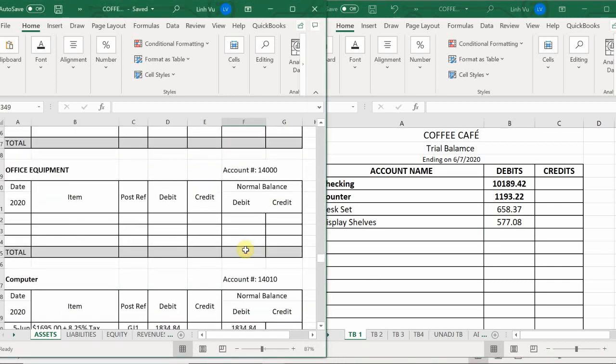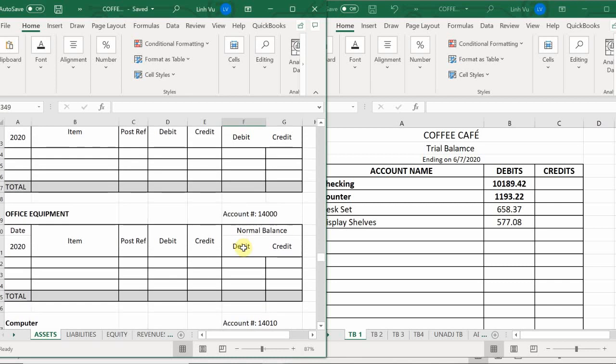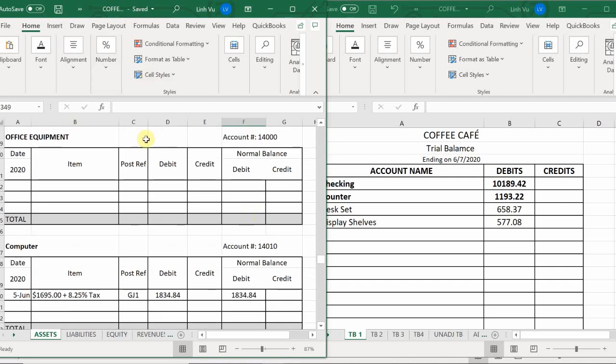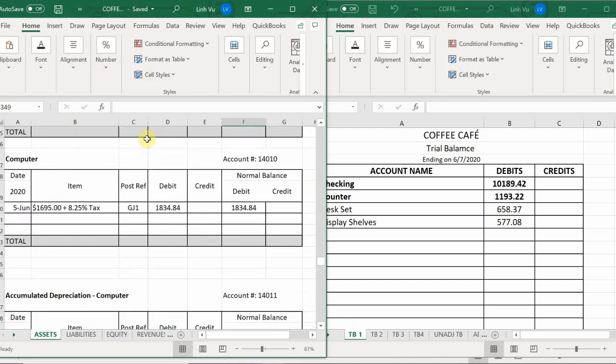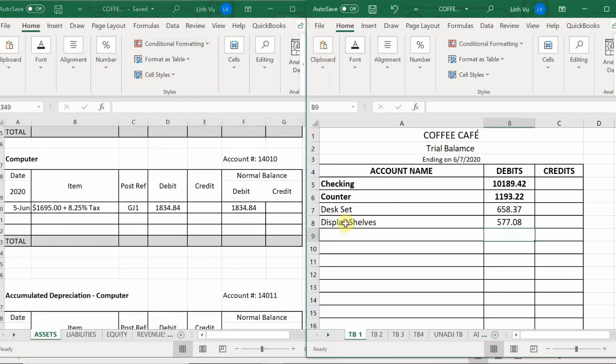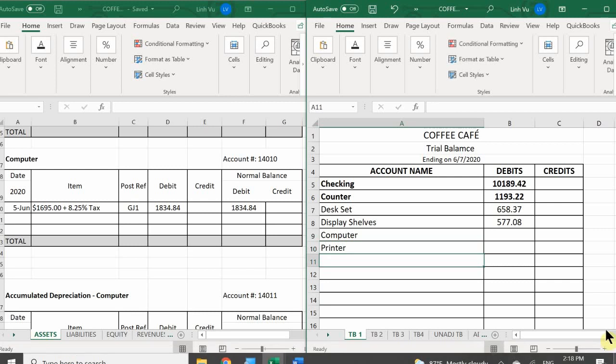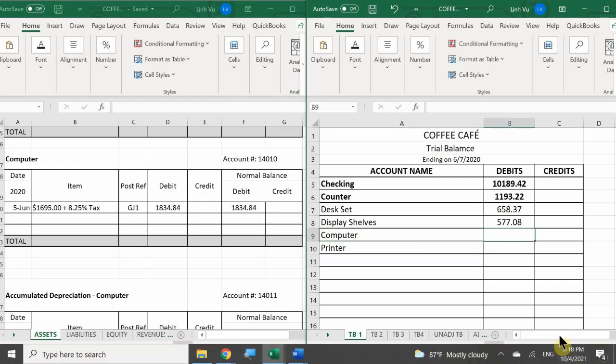All right, the next category I have is office equipment. Yes, I did buy office equipment, not in the main category, but down below. I bought a computer, and I also bought a printer. So how much was my computer?